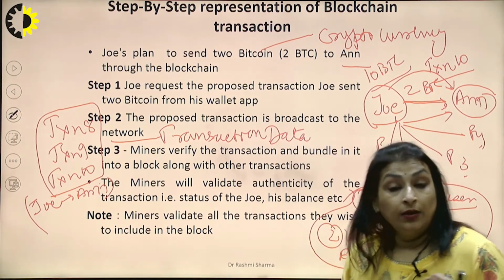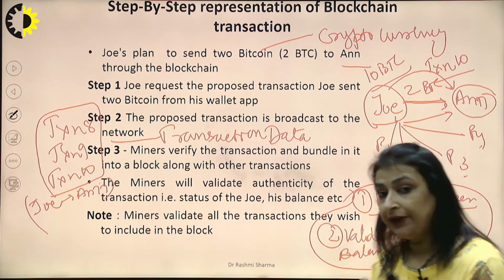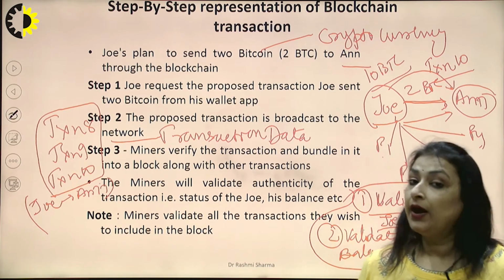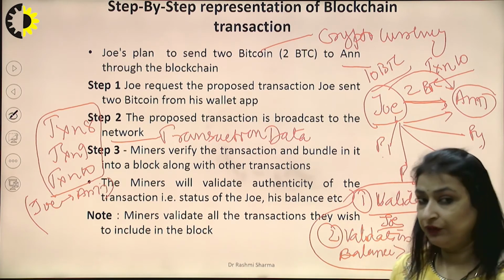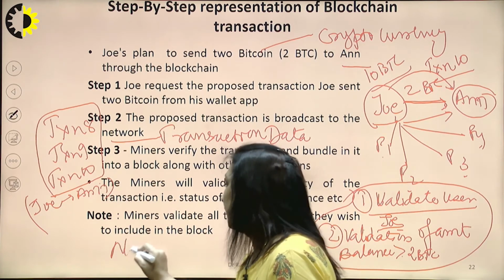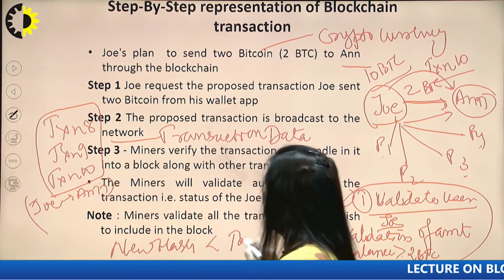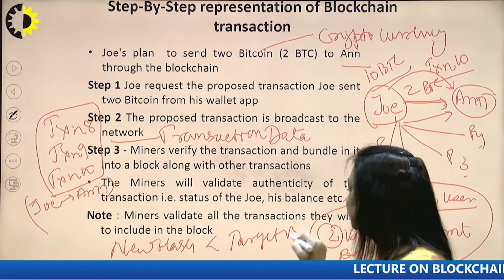Then, bundling all these together, they try to generate a hash code. While generating the hash code, we have to see that the new hash value should be less than the targeted value, which is the previous hash value.